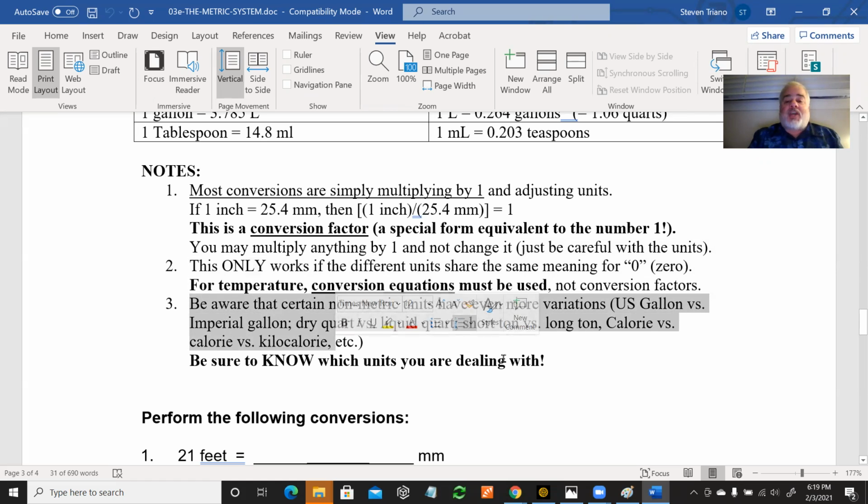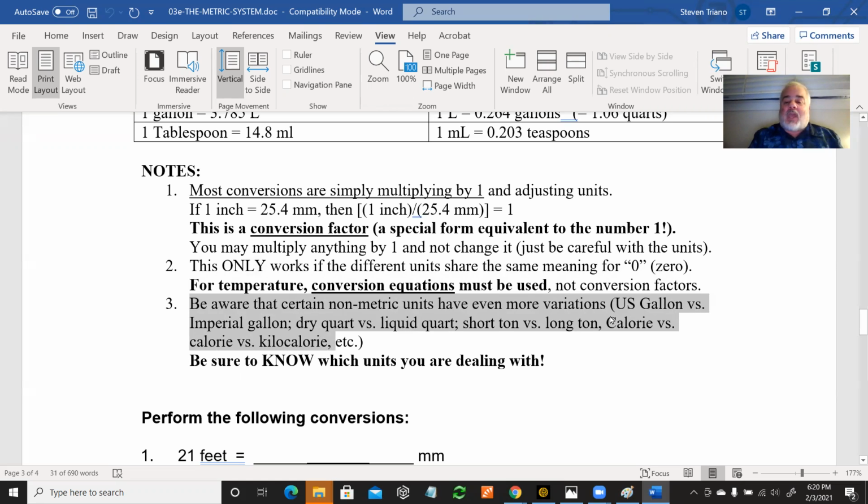There's also a short ton versus a long ton. There's a calorie with a capital C versus a calorie with a lowercase c. And a kilocalorie, 1,000 of the lowercase c calories, is equal to 1 of the capital C calories. I promise not to ask you that on a test, but calories can get confusing.